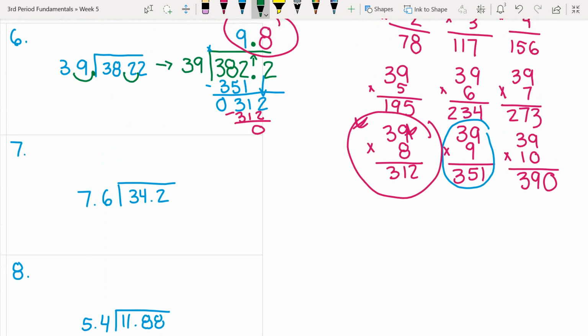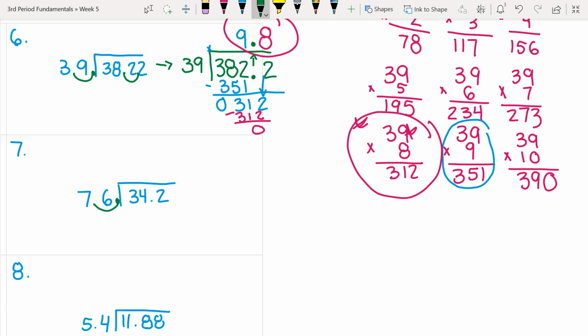What that means is for 7, 8, and 9, we're going to rewrite our problem, and then I'll show you how to get to a calculator. So number 7, we have a 7.6 at our house, and we're trying to fit it into 34.2. We don't like decimals outside the house, so we have to move it. Well, how many times do we move it? Just once over.